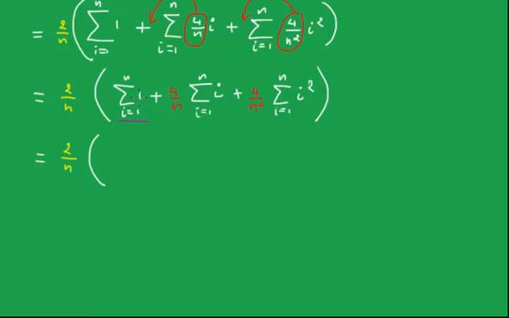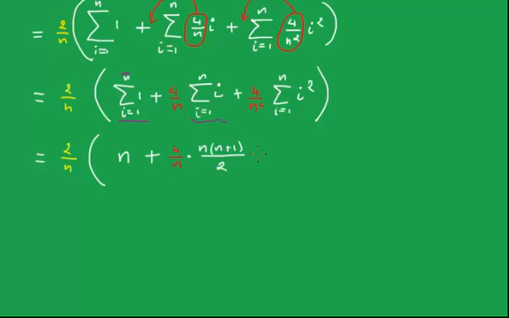So we're going to multiply 1 times n, and we're going to get n. So we're done with that. We move on to the next. Plus, we have 4 over n times, we know what this is. This is equal to n times n plus 1 divided by 2.